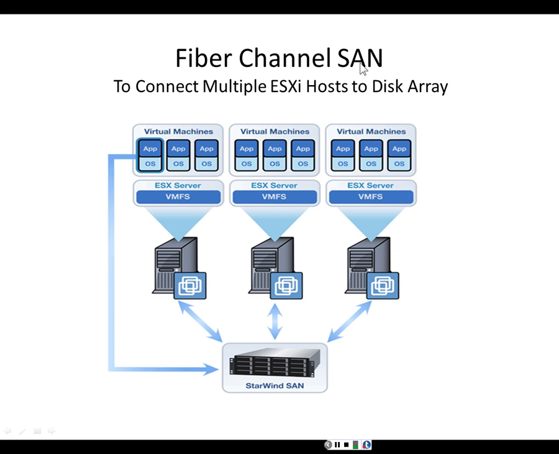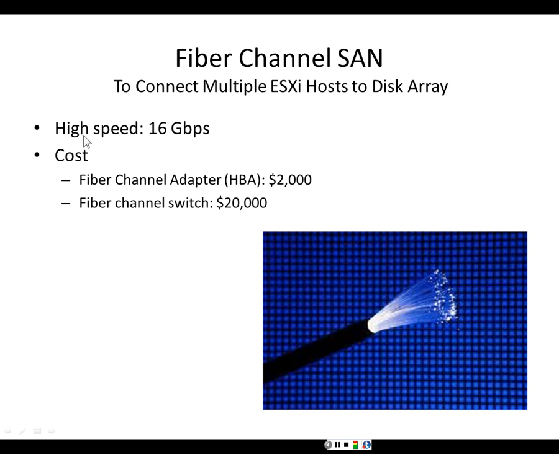And the reason we do this is to allow multiple ESXi hosts to access the same disk array. Fiber channel is great, 16 gigabits per second, but it ain't cheap. A fiber channel adapter would be $2,000, and a fiber channel switch, $20,000.